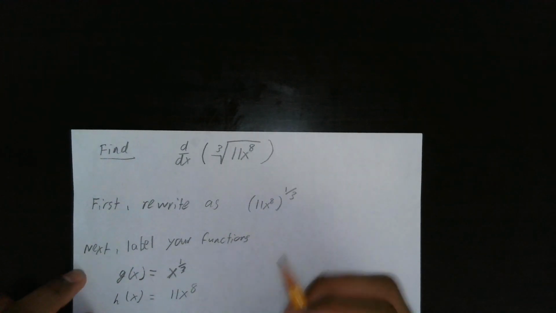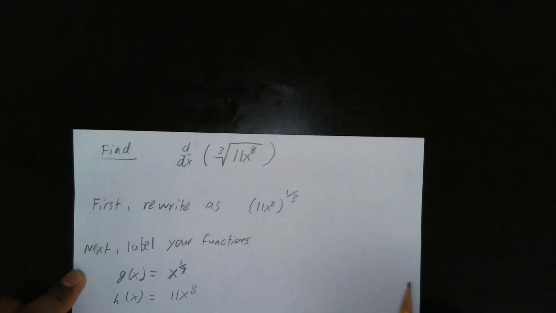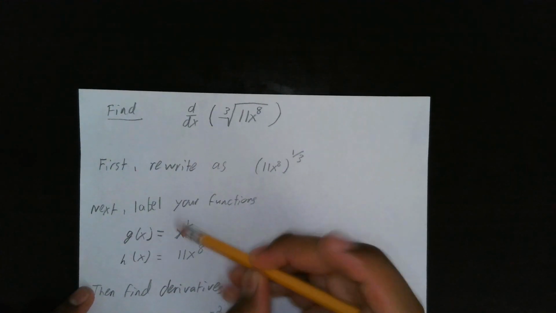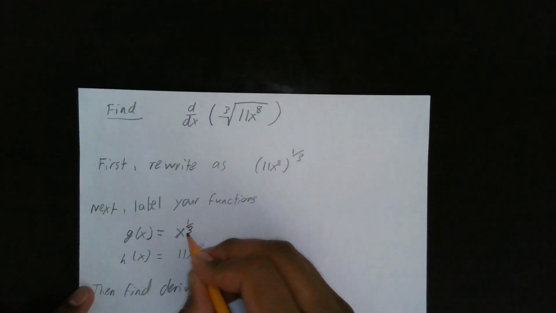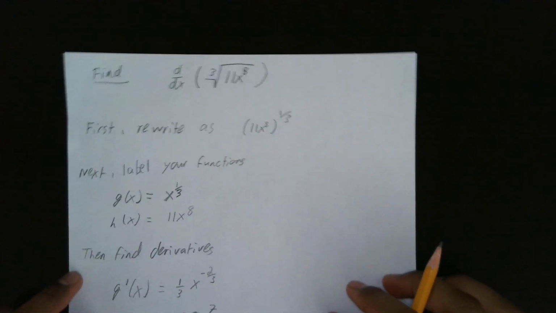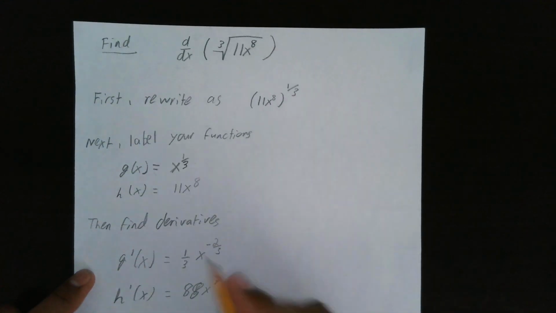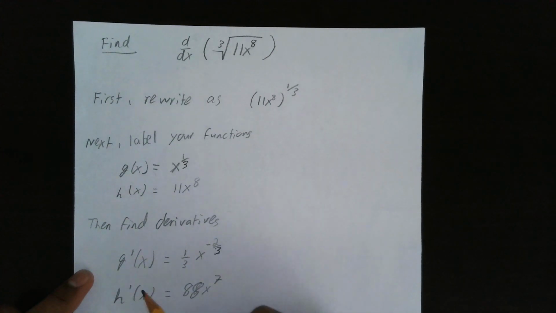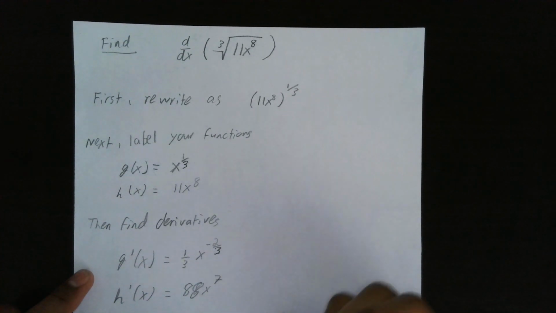And so now we're going to find the derivatives. Actually, let me write this 3 out here better. The derivative of g of x is 1/3 times x to the power of negative 2/3. And the derivative of h of x is 88 times x to the 7th.